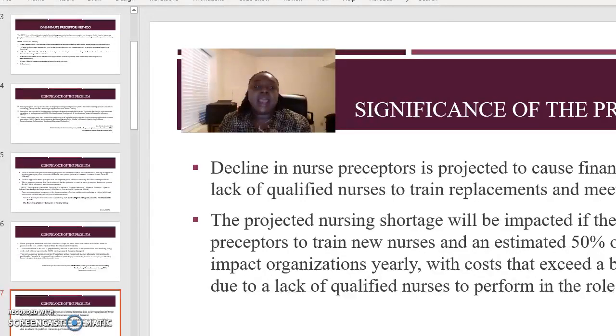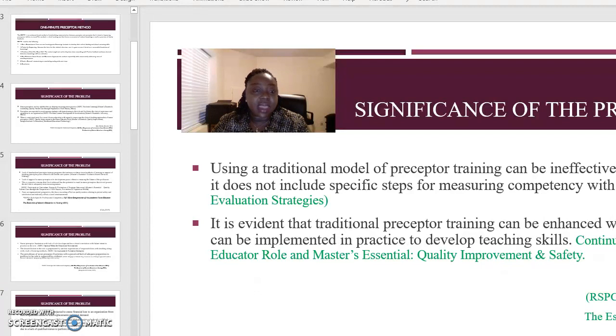There is also a decline in nurse preceptors, and it's projected to cause financial loss to many organizations. The lack of preceptors does affect the number of nurses that can be trained in a given period of time, and this has drastic financial loss to many organizations.